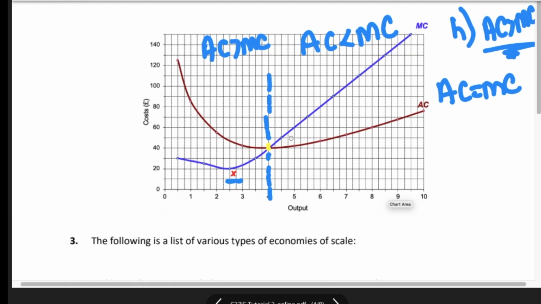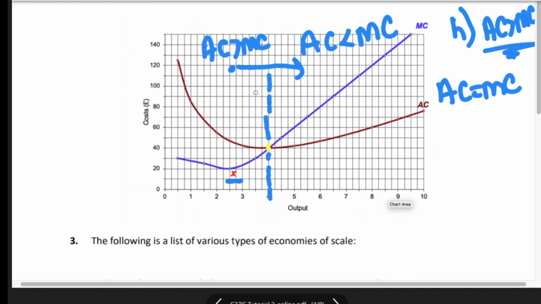So I start somewhere here. On the left, yeah, but it doesn't say I have to stay there. It just says I keep increasing output. At least that's how I took the question. Yeah, okay, fine. Lovely. So in my eyes, it couldn't be A because at some point average cost does fall below marginal cost.